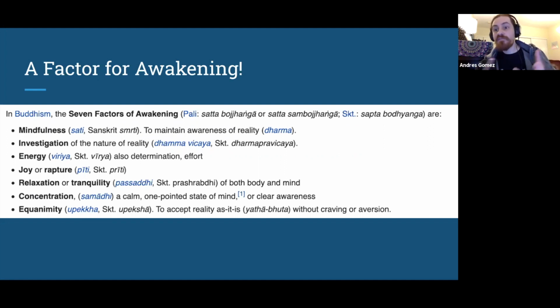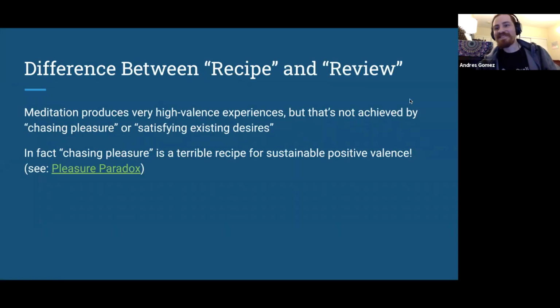There are different ways in which a very high valence experience can manifest. And the Buddha says these are important things. Even if you only care about awakening, enlightenment, you may also care about the mathematics of valence. It might point you in the right direction as well. I'll also mention there's a big difference between the recipe of a state of consciousness and what you might call the review or the description of that state of consciousness.